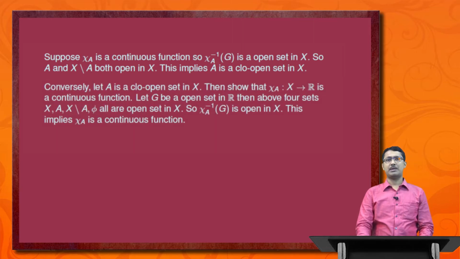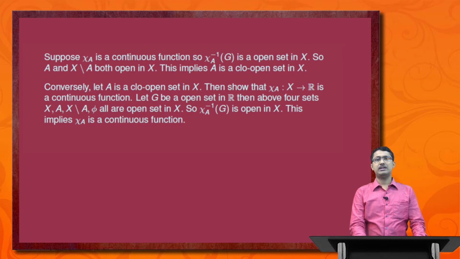Conversely, let capital A be a closed set in X, we show that chi A from X to R is a continuous function. Let G be an open set in R. Then the above four sets, that means X, A, X minus A and phi, are all open sets in X, because A is a closed set, so the complement of A is also open.